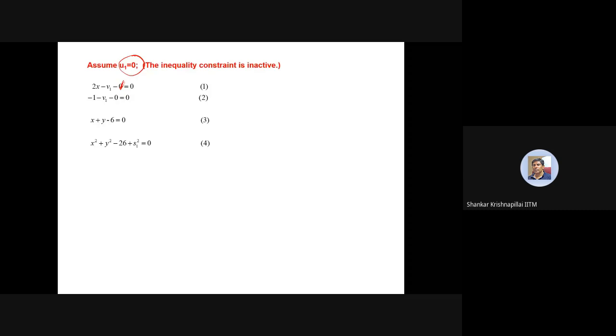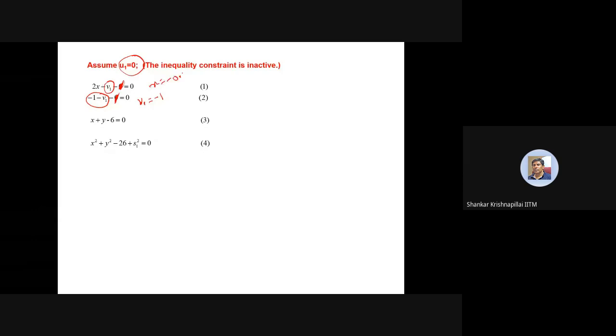If you solve this equation, you get nu1 equal to -1. If you substitute that here, you get x equal to -0.5.